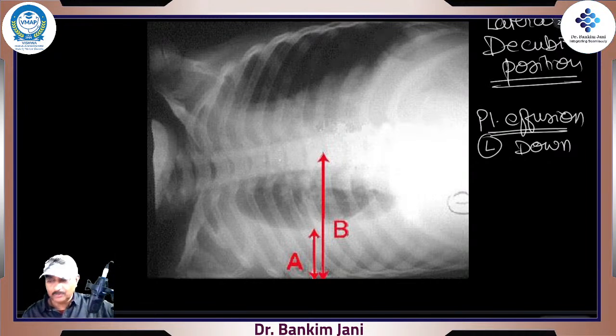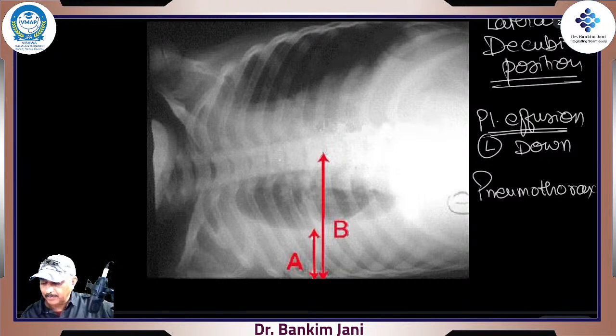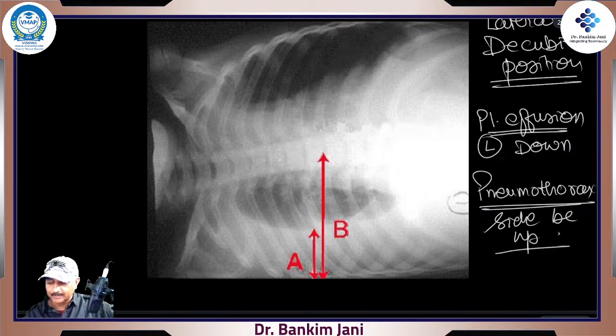But if you are diagnosing pneumothorax on plain X-ray, you see the pneumothorax and you want to confirm it, you can take a lateral decubitus position, but in that case the side where pneumothorax is suspected should be up, side B up. The pneumothorax side should be up because it is air, so it will go up and you'll be able to see it over here.